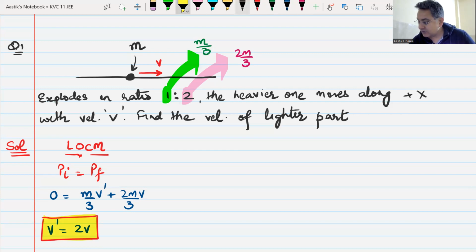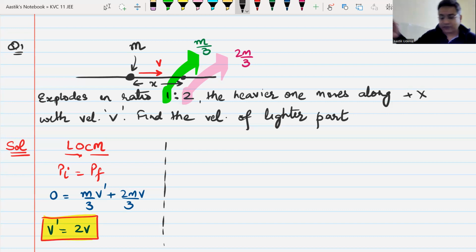Yes, sir. Okay, now I can add one more part in this question. The heavier particle falls at a distance x from the bomb.